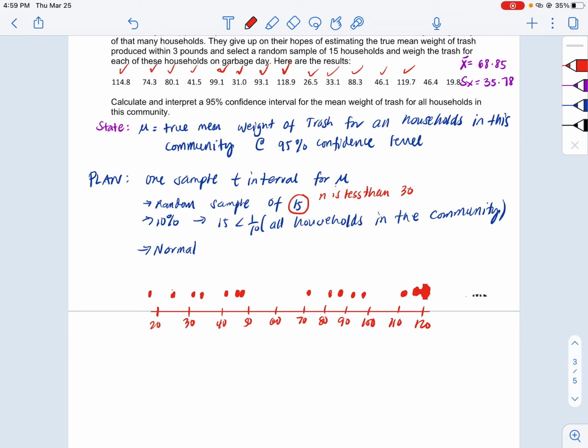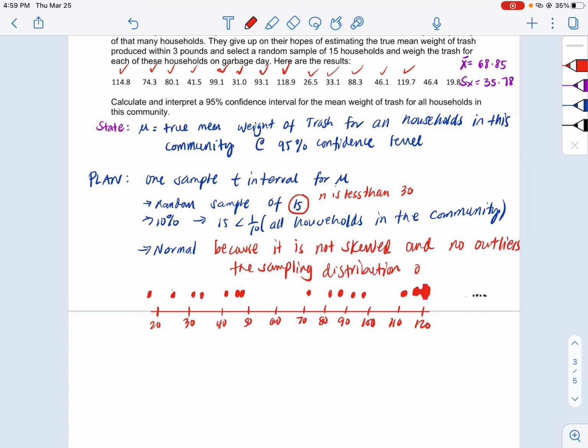It looks like it's not skewed to the right and not skewed to the left, and I don't see any outliers. Because it is not skewed and has no outliers, the sampling distribution of x bar is approximately normal.